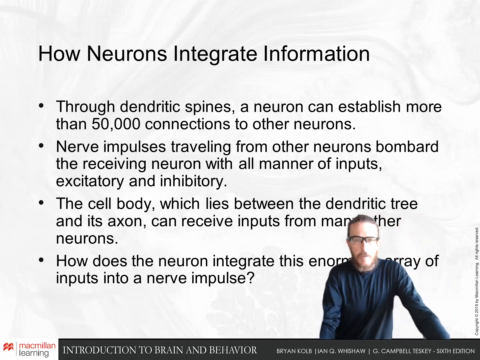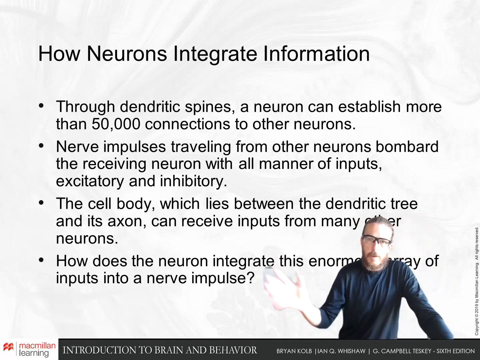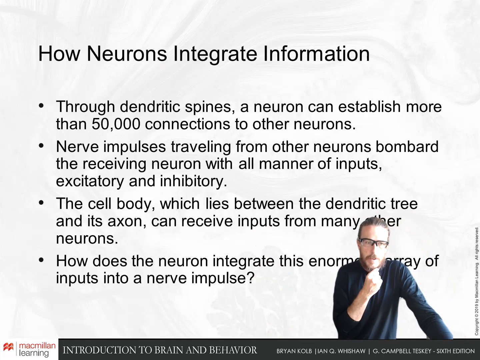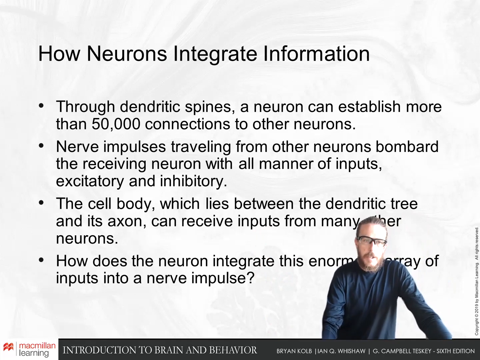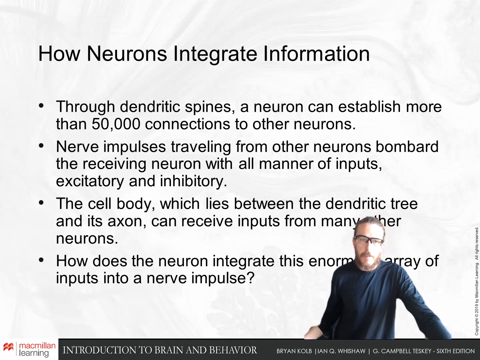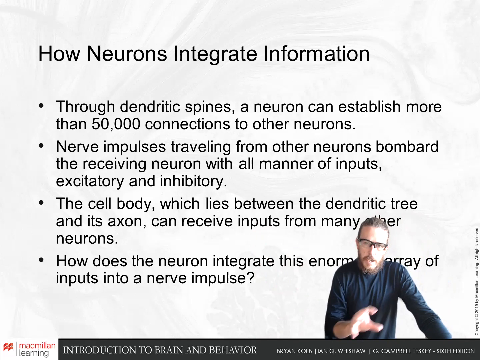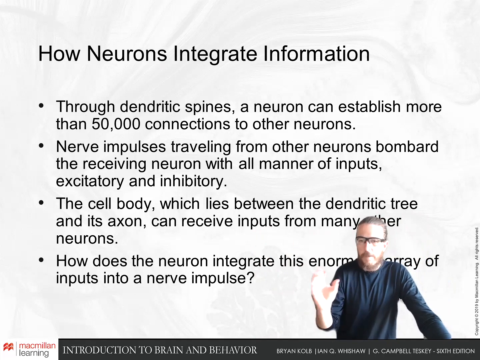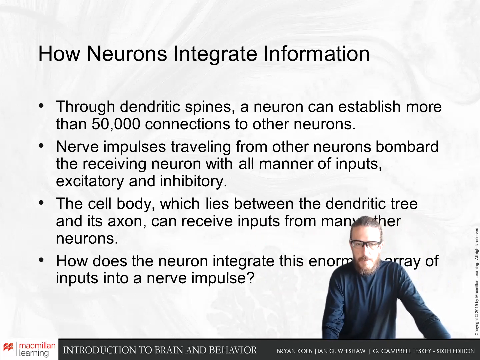So that receiving neuron might get all sorts of inhibitory and excitatory signals from all these different neurons. The cell body is a junction between the dendritic tree that picks up all these inputs and the axon, which can send outputs. And so the cell body has to essentially take a vote of all the input to decide if it's going to be depolarized enough to open up the voltage sensitive channels at the axon.